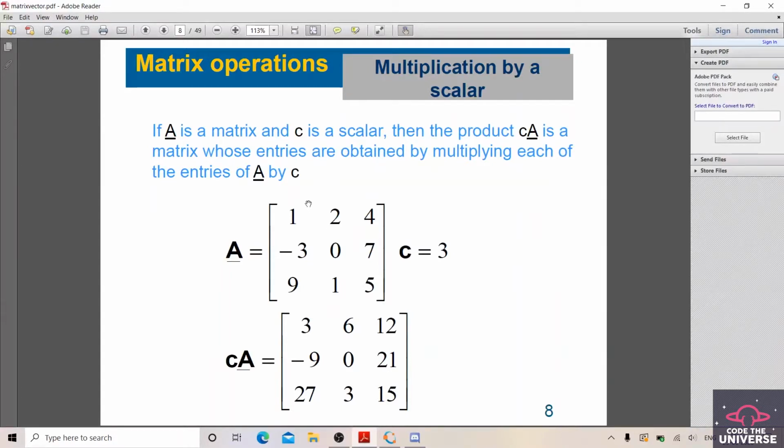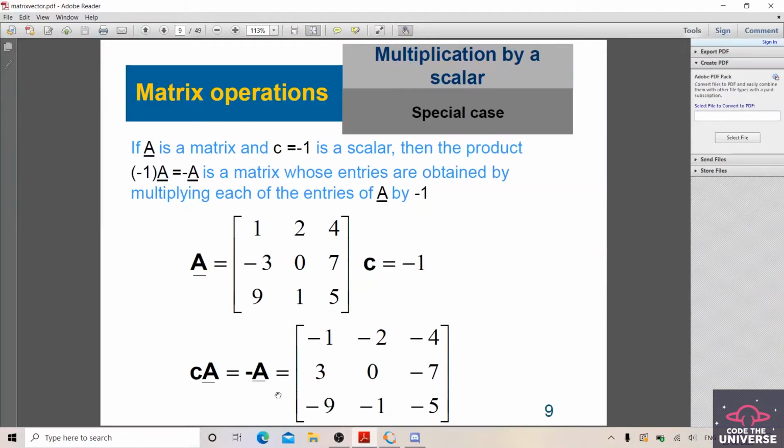For instance, if you take this matrix A that's been given here, we're multiplying the constant C with each and every element inside to give the resultant matrix, as you might see here. There is a very obvious special case: you can get the negative of a matrix, just as you can get the negatives of numbers, by multiplying it with -1. Not a big deal, just something you need to keep in mind.